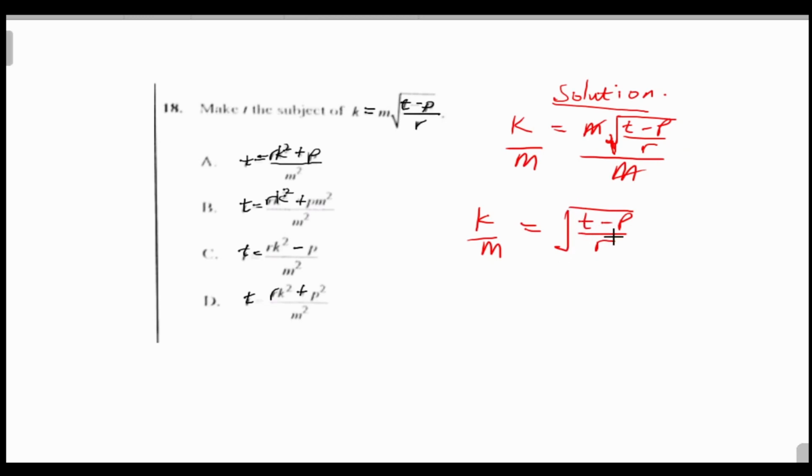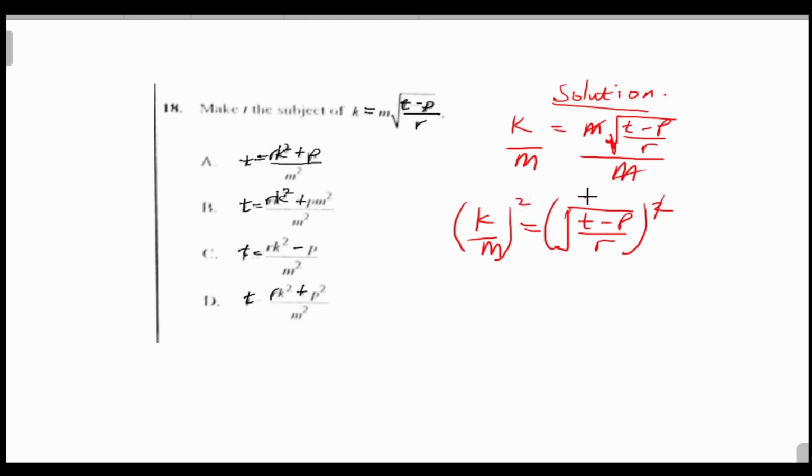Then we cannot do anything to this t unless we remove this square root sign. And how do we remove the square root sign? Good, I'm sure you are telling me we have to square. When we square, that removes the square root sign. And again, because we are balancing, whatever we do to one side, we do to the other.